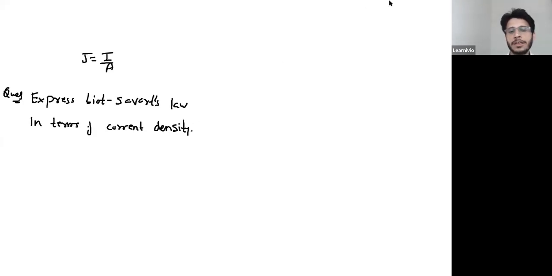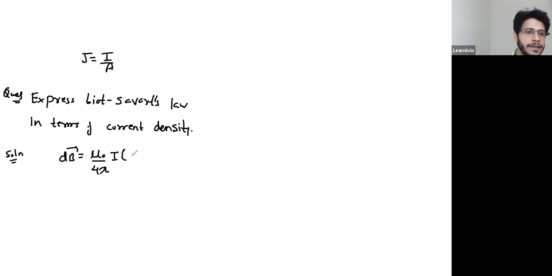You can express your Biot-Savart's law in terms of current density J. So your magnetic field dB is mu naught over 4 pi, I dl cross r over r cube. Instead of I, you can just write J into A. Your current density J is I by A. Your I is just J into A.